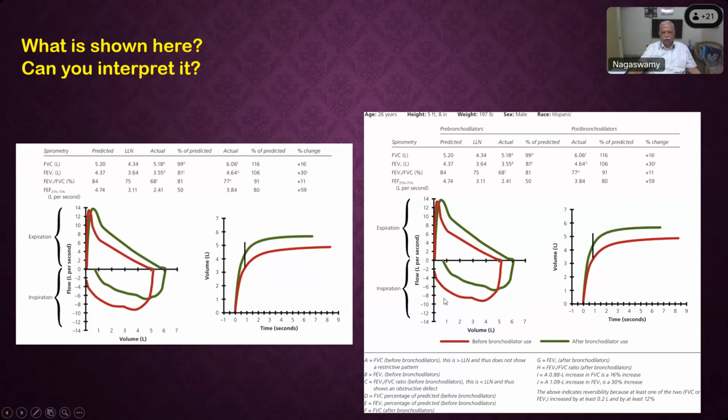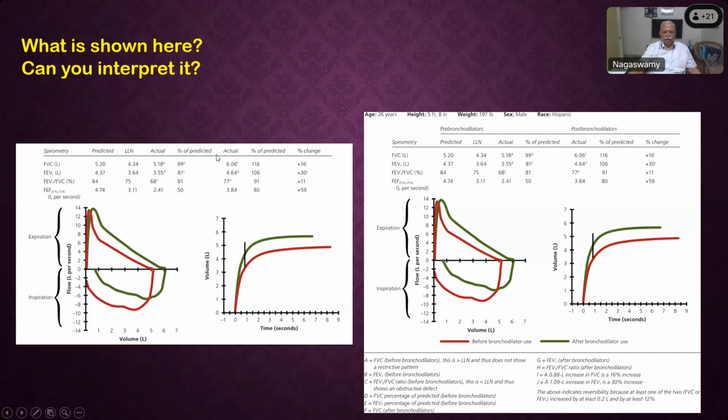So the pre-bronchodilator values are this, and you ask the patient to inhale the bronchodilator and take this. If such reports are shown in the OSCE, you have to say the red line is before bronchodilation, green line is after bronchodilation. I have purposely blocked the top portion so that you can identify this. If you see two values, always remember it is pre and post bronchodilator.